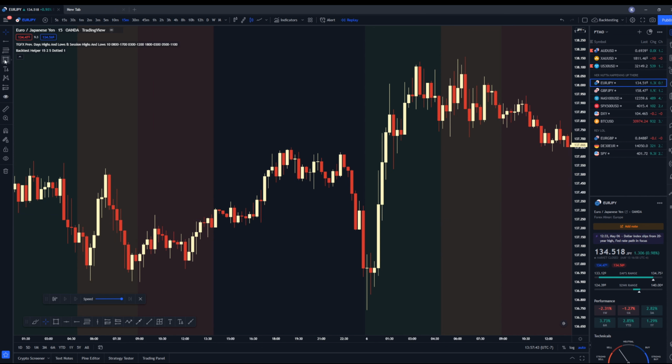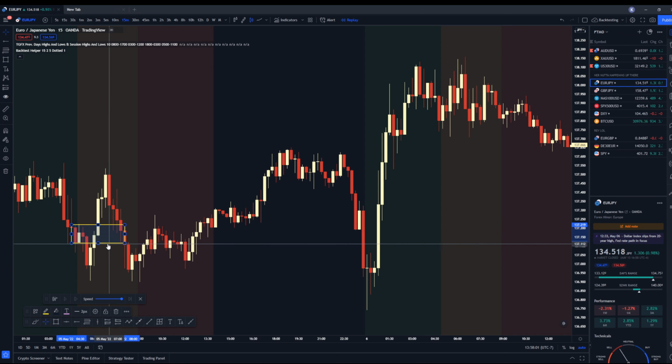Moving down, we do see that we have this area here. This is another one of those inside bar patterns, where it's bearish, bullish, bearish. I'll usually just take the entire length of the white candle like this.